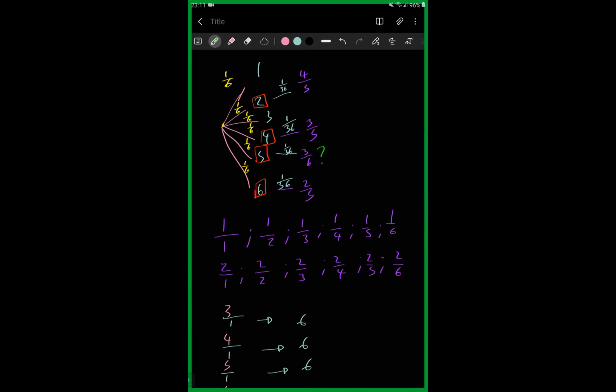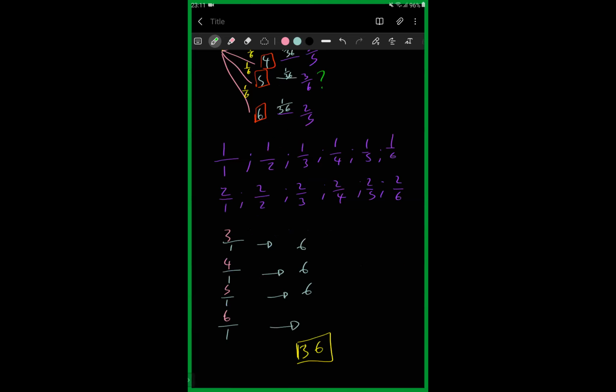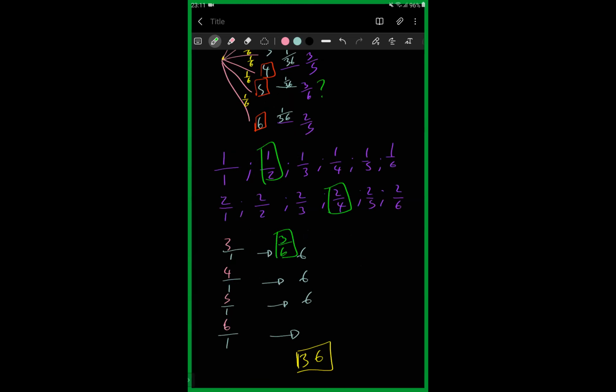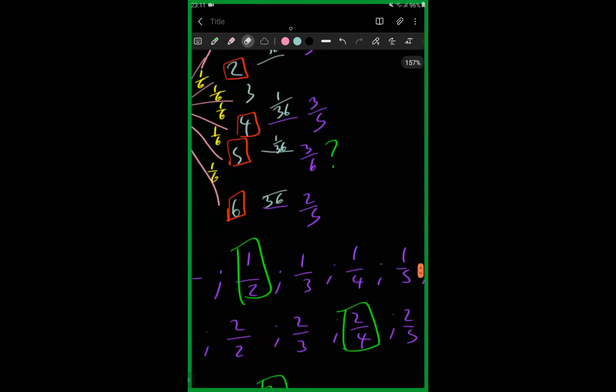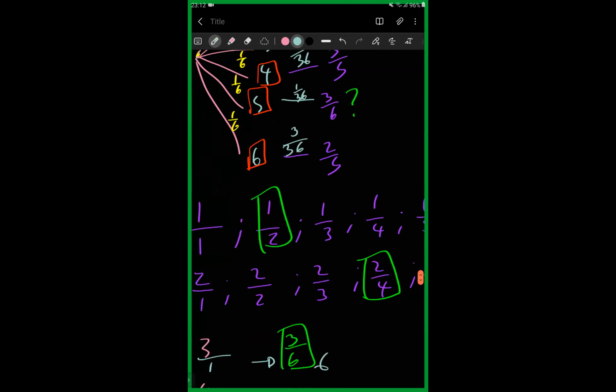But for a half, there are different combinations. 4 over 5 gives a half, right? And then 3 over 6 also gives a half. 1 over 2 also gives a half. 2 over 4 gives a half. 3 over 6 gives a half. So for the half, there's actually 3 options, right, out of the 36. I changed the wrong one. For the half, there's actually 3 options, right?